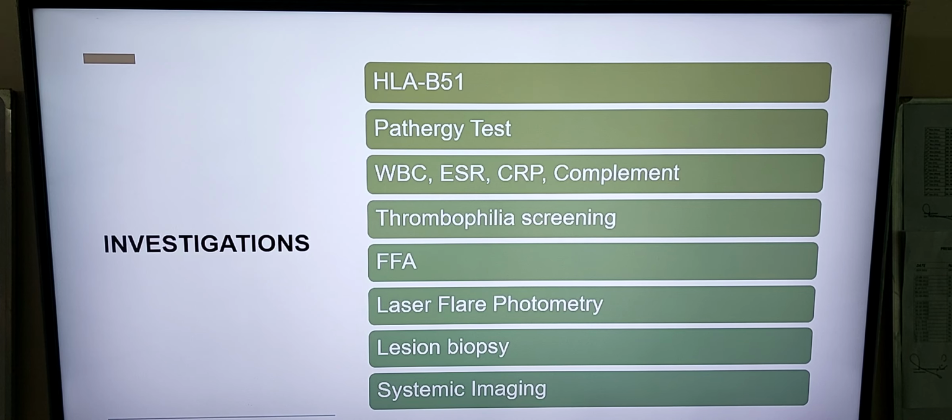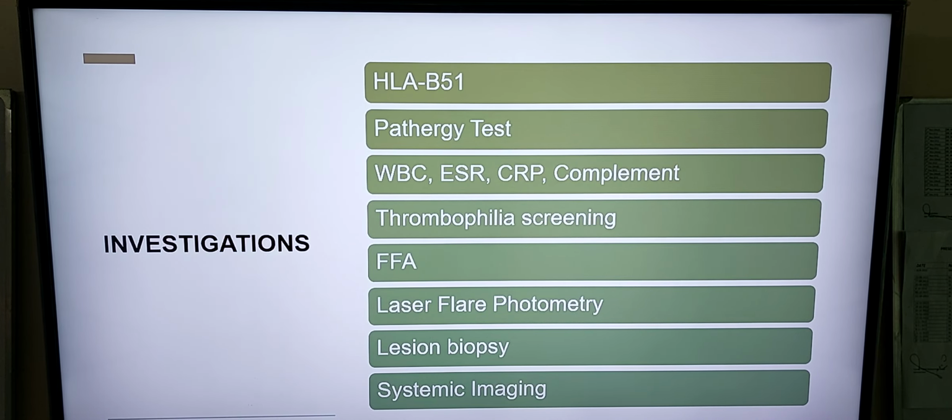Thrombophilia screening is done to rule out thrombosis in few susceptible male patients. Fundus fluorescein angiography can be done to rule out areas of ischemia, which can further lead to the laser treatment for vasculitis.